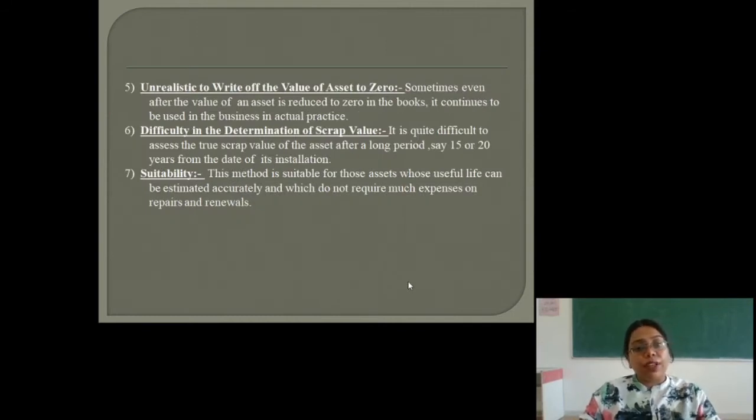Unrealistic to write off the value of the asset to zero. Sometimes even after the value of the asset is reduced to zero in the books, it continues to be used in the business in actual practice. So it is an unrealistic practice to write off the value of the asset to zero.